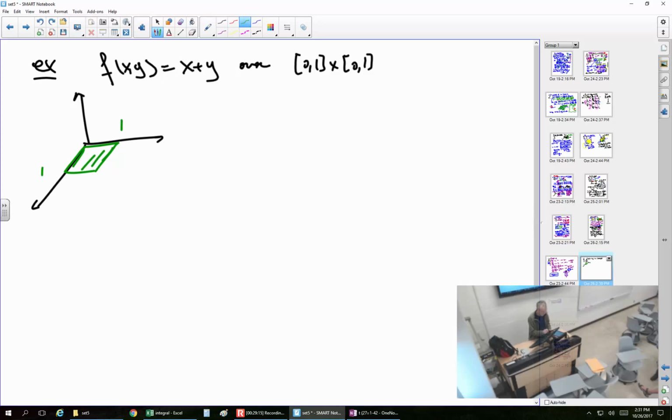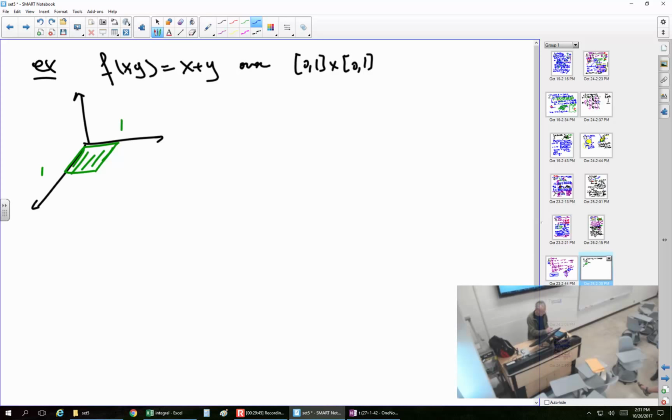Okay, and what is the graph of this function? X plus y, what's the graph? It's a plane. It's a plane, yeah, that was the answer I was looking for. I mean, the function is linear, so the graph is a plane every single time.